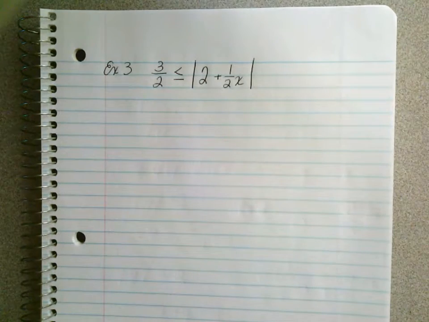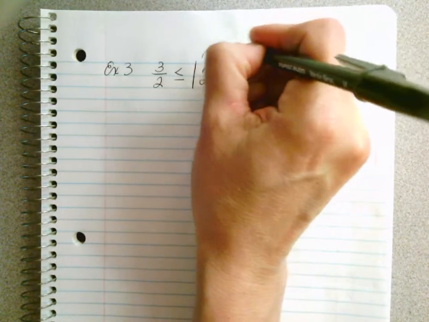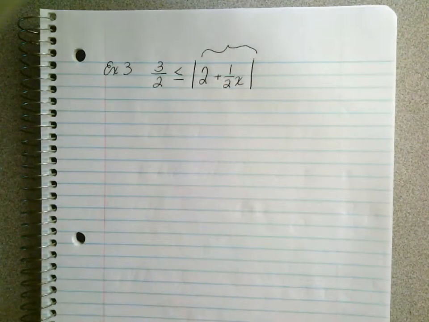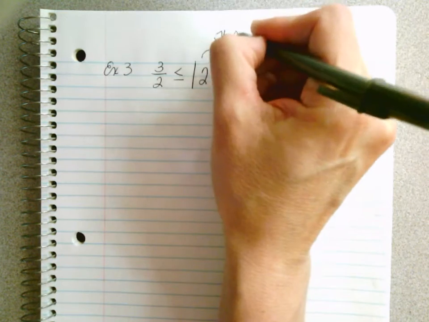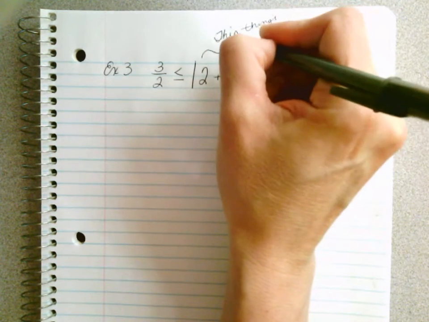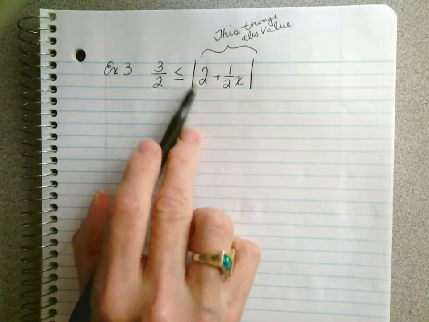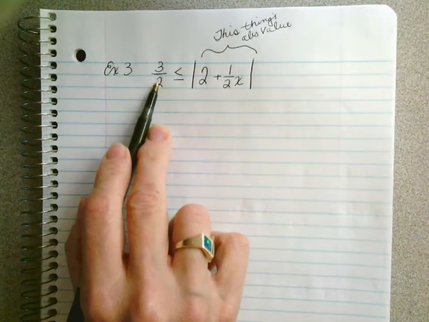Remember how I said to you that, I have to keep saying this to myself over and over again so that I don't make a mistake. Because I've written it backwards, or because I've written it this way, it gets me mixed up. So this thing's absolute value is greater than or equal to 3 halves.